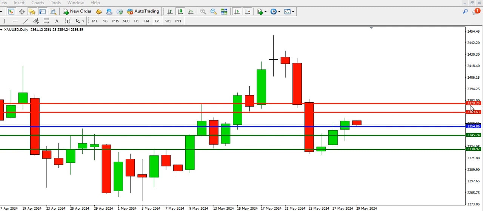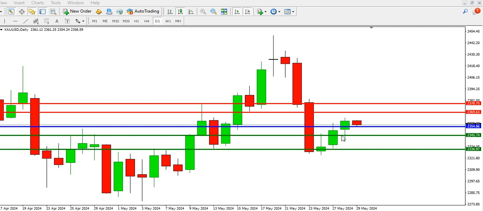Resistance 2 is at 2378. But if that does not happen, we might see a break of this pivot level, and we might see price dropping to support 1, 2345, and most likely support 2, 2330. Okay, so the price continues to go up, like we have these three candles.